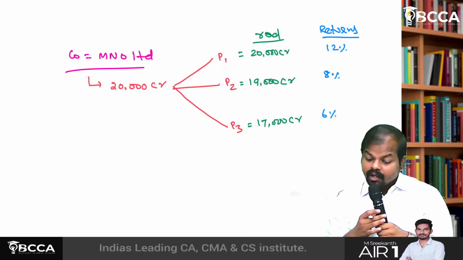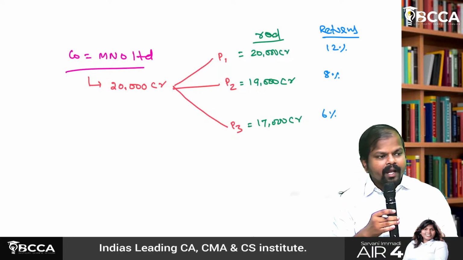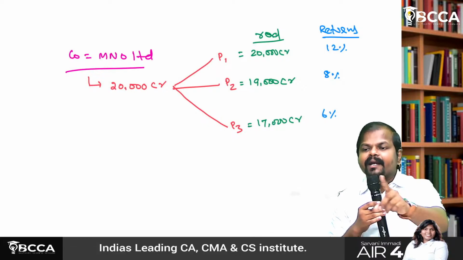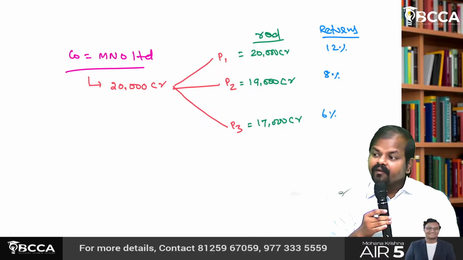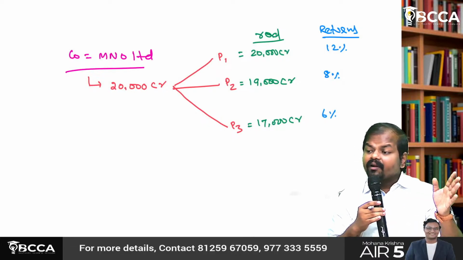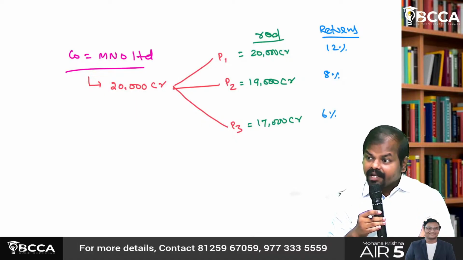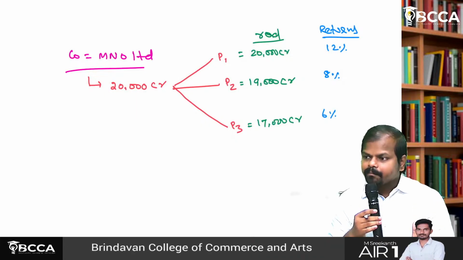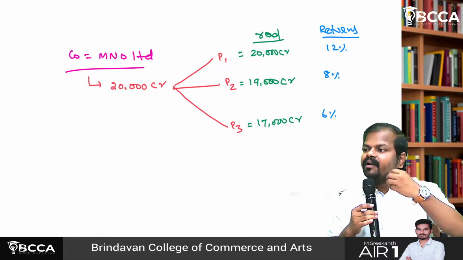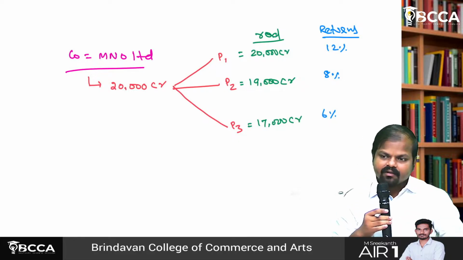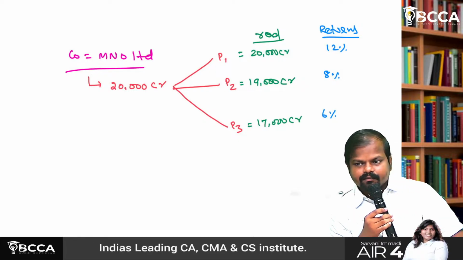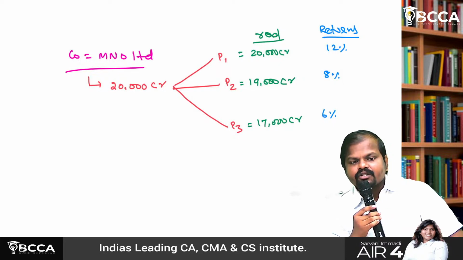If I invest in project 2, I will get 19,000 crore plus 8% extra after 1 year. If I invest in project 3, I will get 17,000 crore plus 6% extra. Which project should be selected?